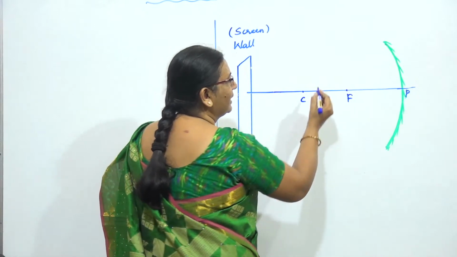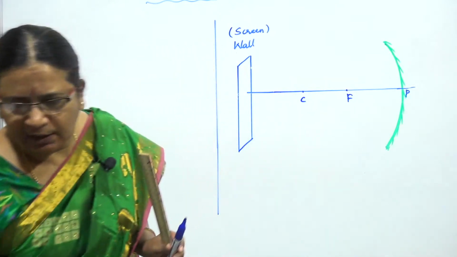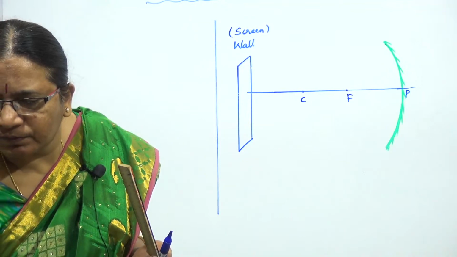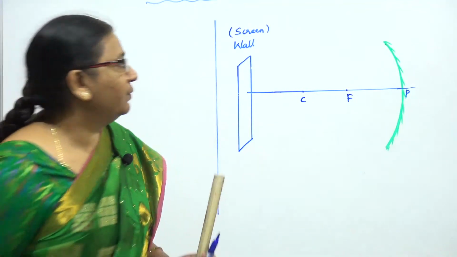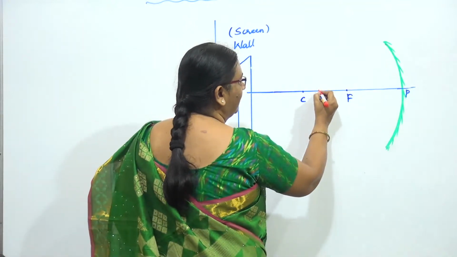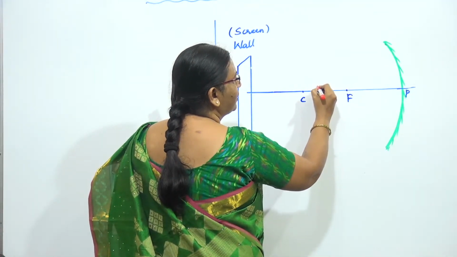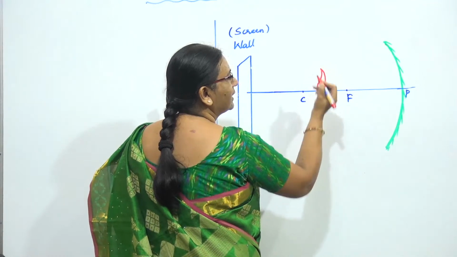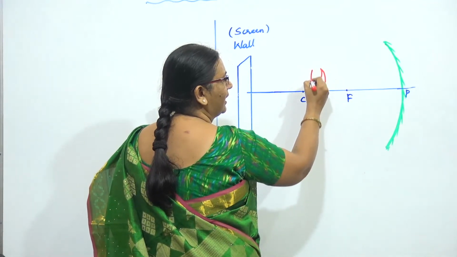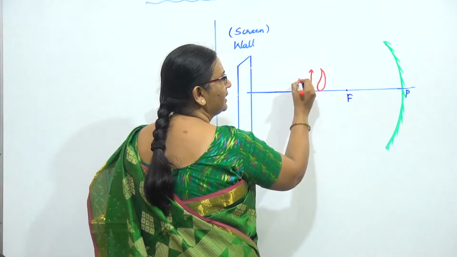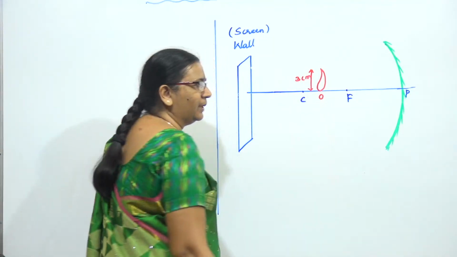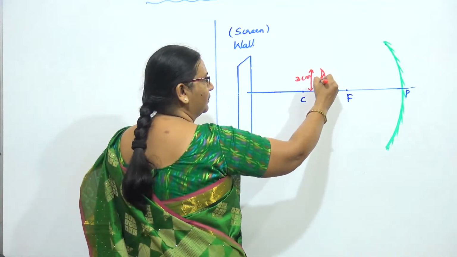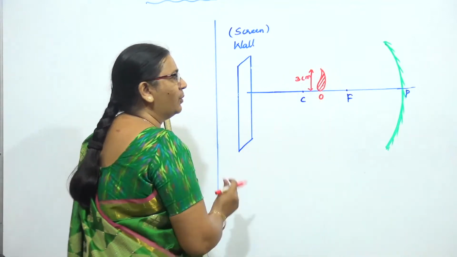And certainly that flame what you are seeing, flame of the candle, only I am taking the flame. So the flame of the candle which you are seeing is of 3 centimeter height. What is the height of this? This is 3 centimeter. This itself is our object. Okay. Now this flame image is forming where?